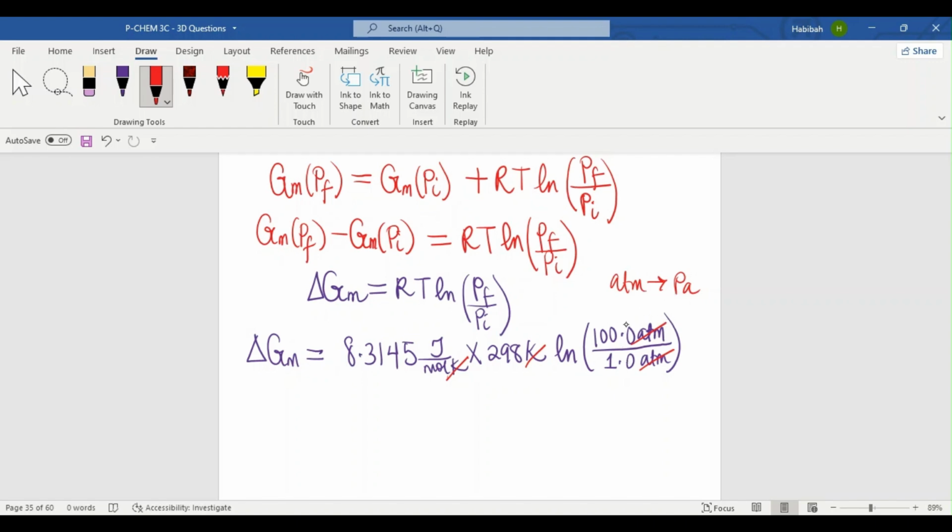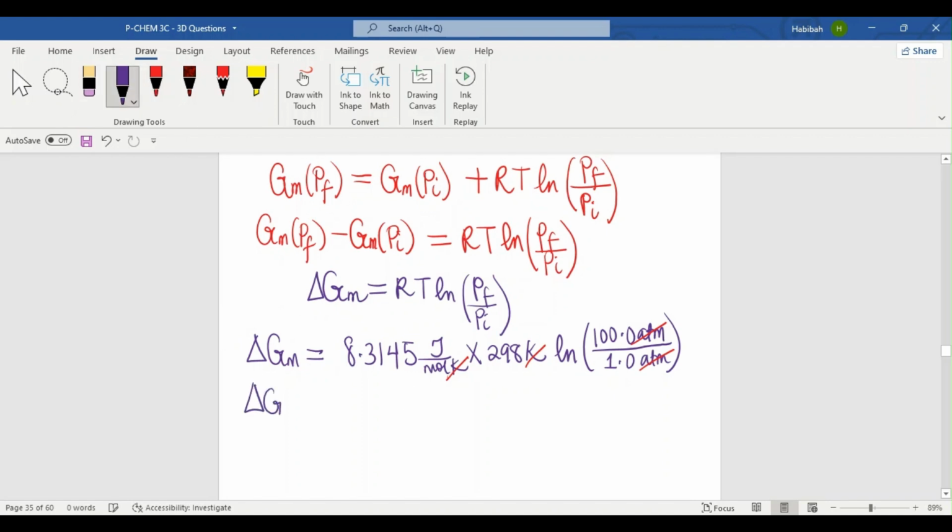We can leave our units in the original form, atmosphere. Usually you have to convert units before canceling, but here we're just canceling between two pressure units, so the value is going to be the same.